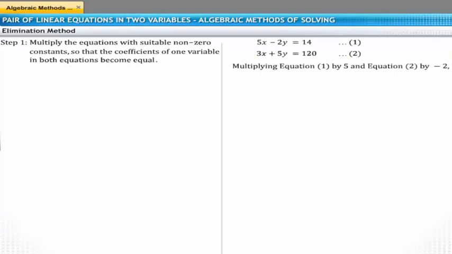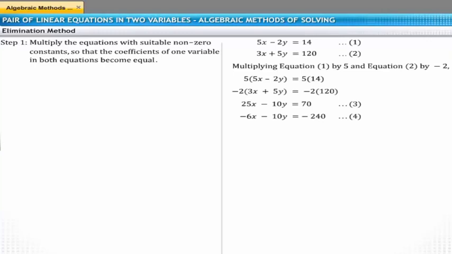Here we'll multiply the first equation by 5 and the second equation by minus 2. By doing this, the coefficients of y in both the equations become minus 10. Please note that minus 2 and 5 are the coefficients of y in equation 1 and 2 respectively.